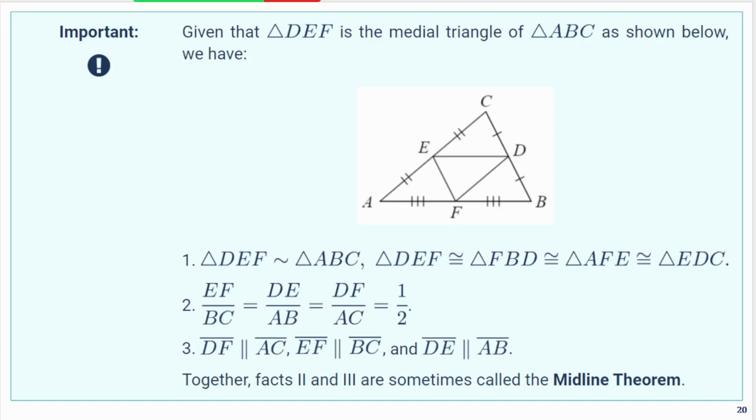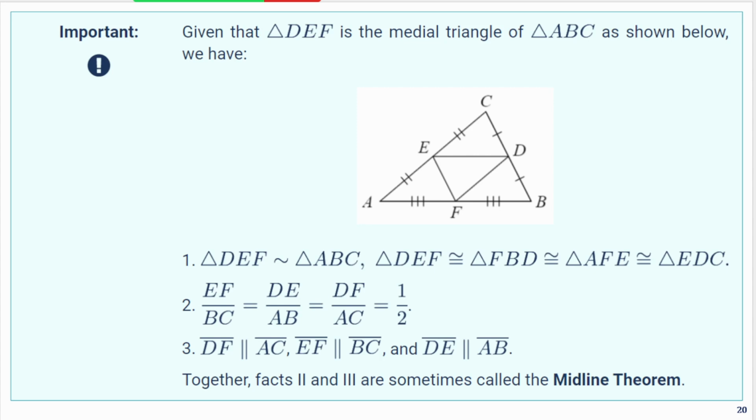So let's put this in a summary. Given that triangle DEF is a medial triangle of triangle ABC as shown below, we have the following relationships. First, triangle DEF is similar to triangle ABC. Triangle DEF is congruent to triangle FBD, which is congruent to triangle AFE, which is congruent to triangle EDC.